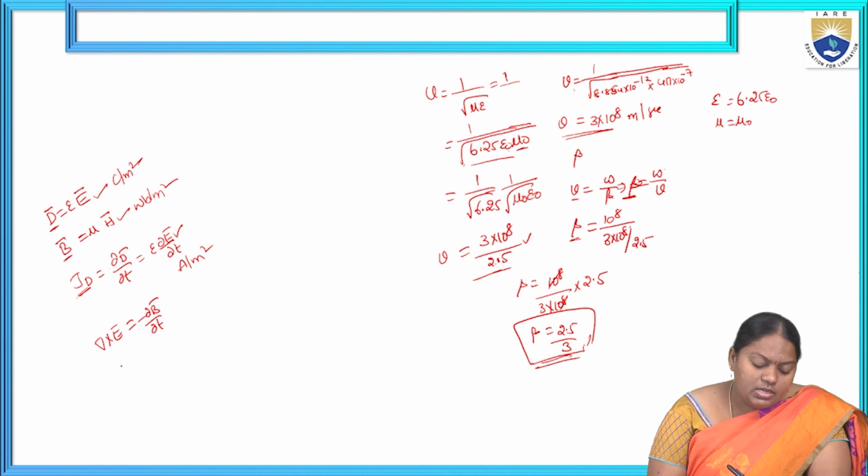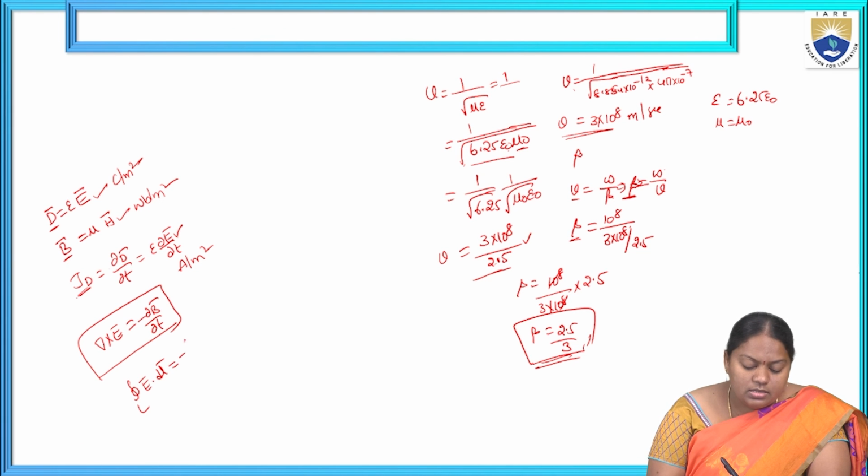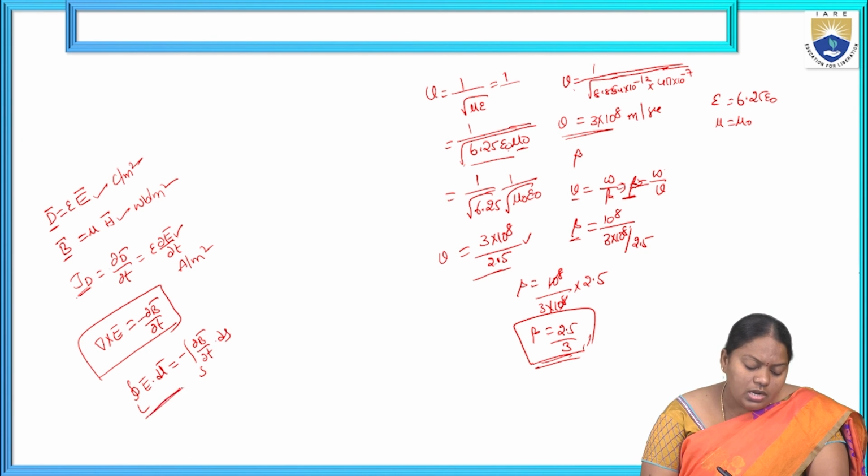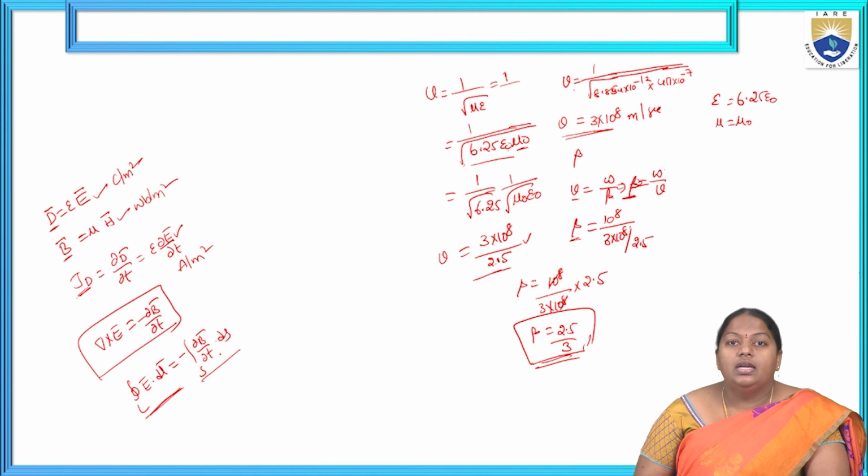Okay. So this is the point form or differential form of the time varying fields from Faraday's law. Or if you want the integral form, that is the closed line integral of E bar dot dl bar is equal to minus the surface integral of dou B bar by dou T dot dS. Right? To evaluate this one, we need to consider a closed conducting path along with a differential surface area also.